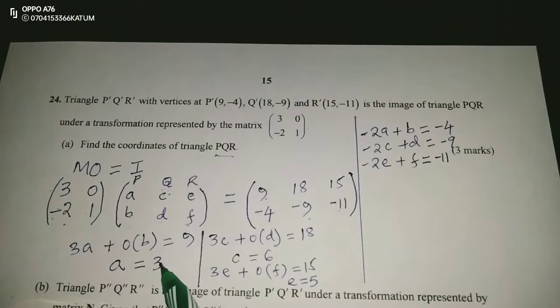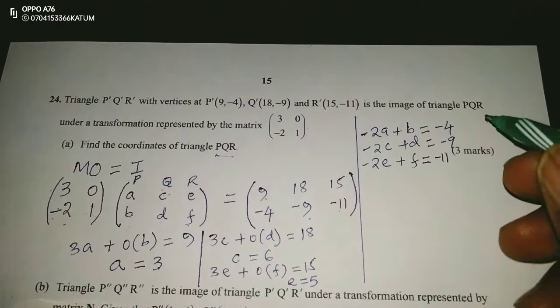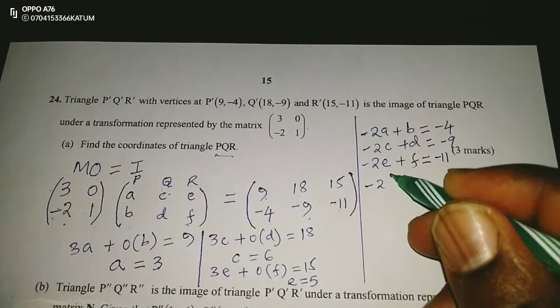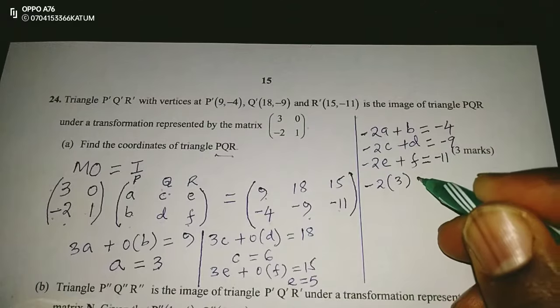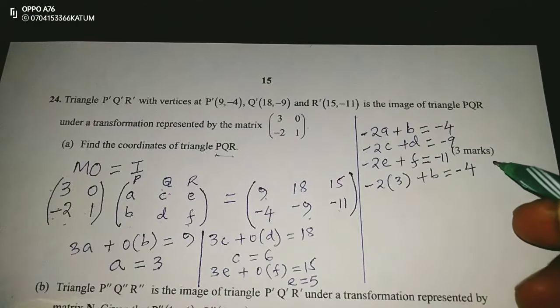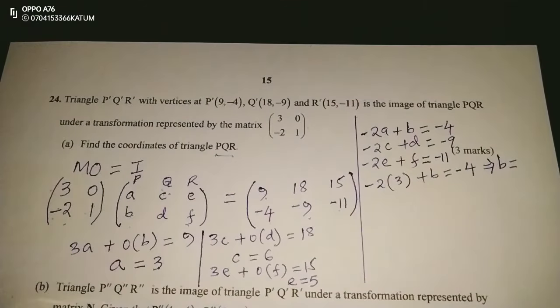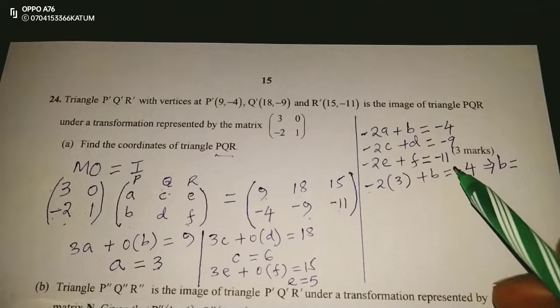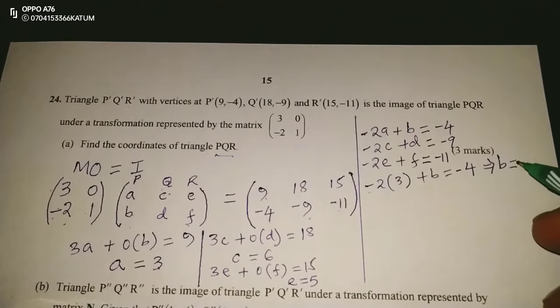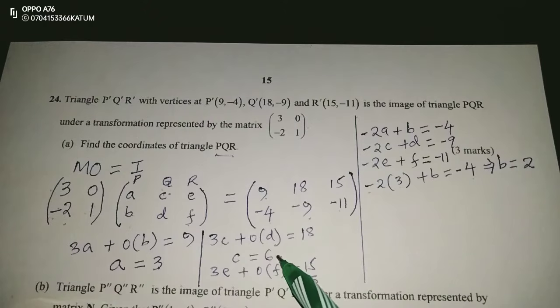Therefore, when A is known to be 3, in the first equation we have -2 times 3 plus B should give us negative 4. So the value of B is negative 4 plus 6, which is 2. The next is the value of C, known as 6.